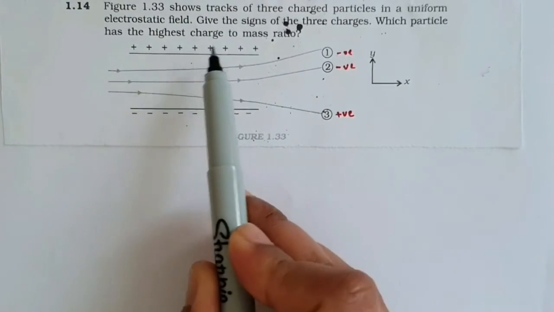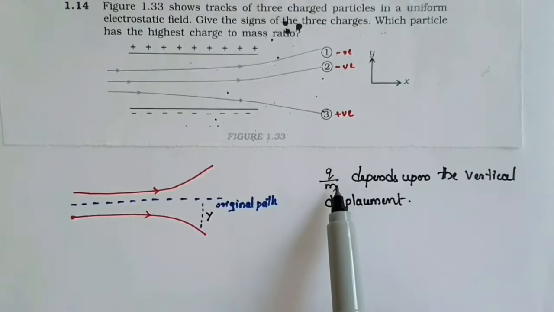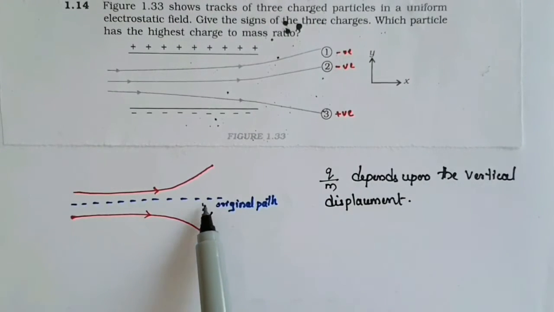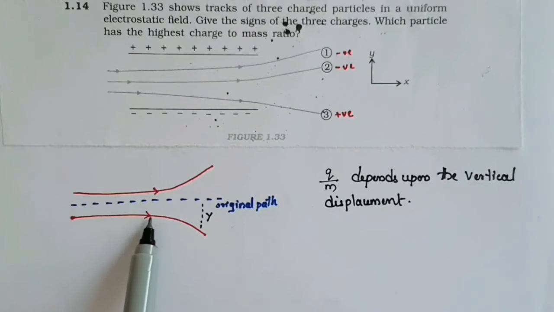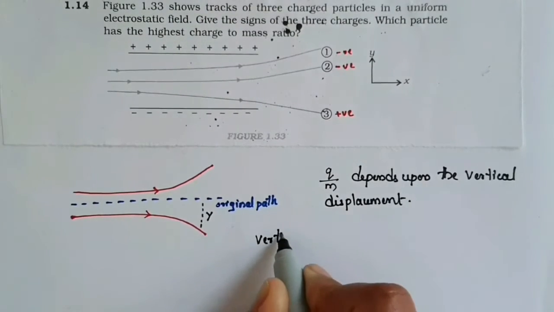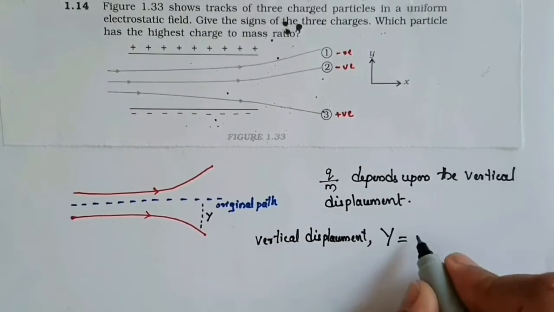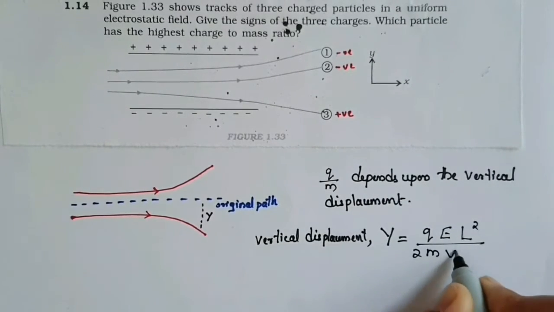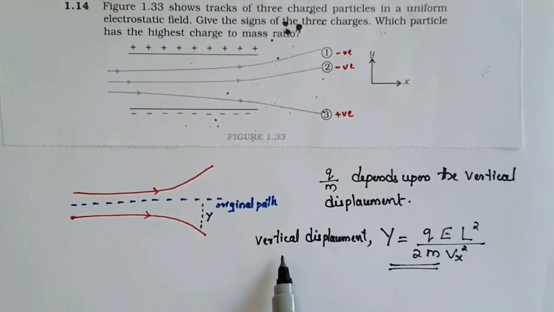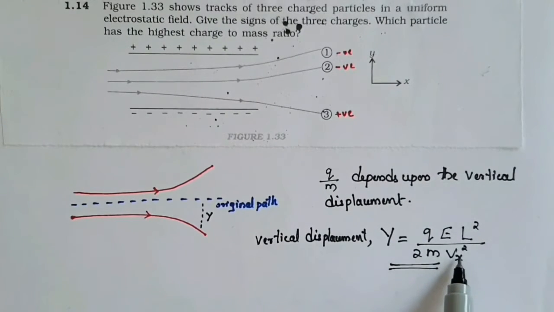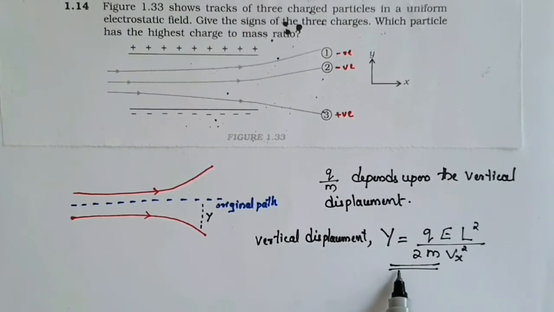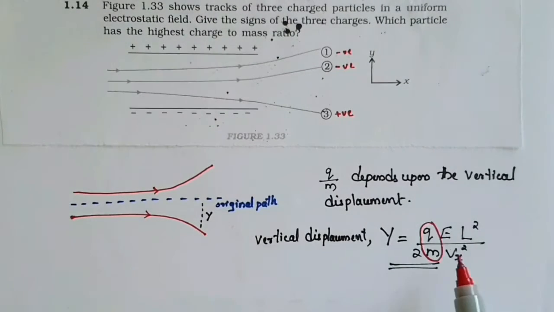Which particle has the highest charge to mass ratio? Charge to mass ratio depends upon the vertical displacement, that is, how much the particle is deviated from its original path. The relationship between the vertical displacement and charge to mass ratio is y is equal to QEL square by 2m Vx square. We will prove this relation in additional exercise question number 33.